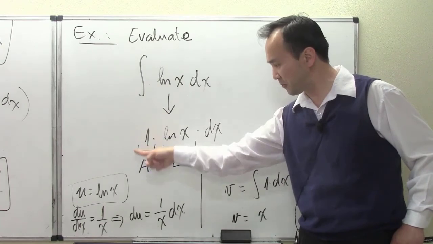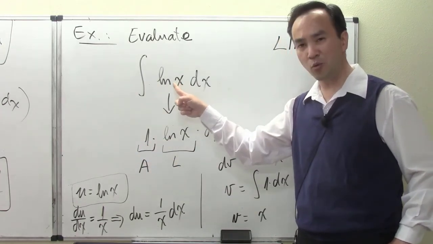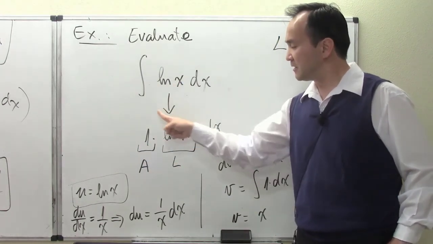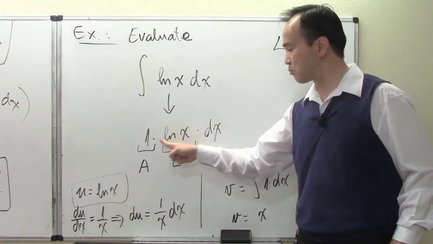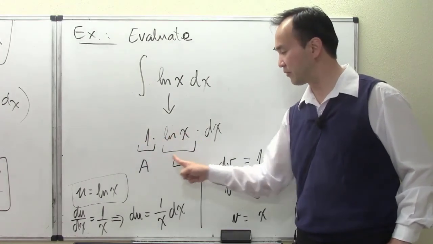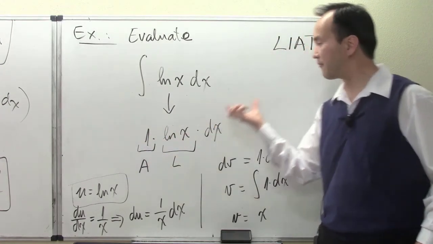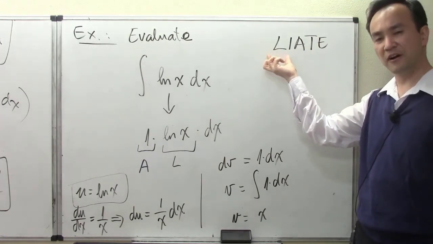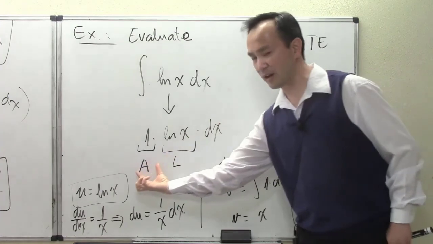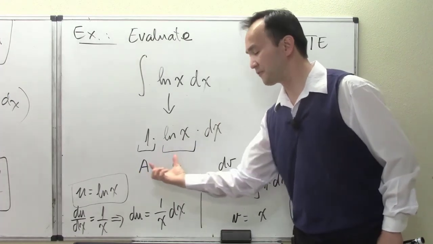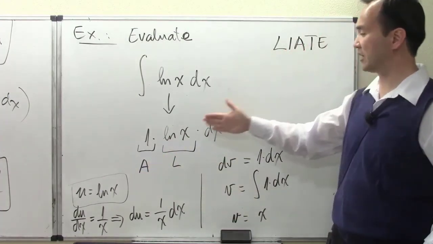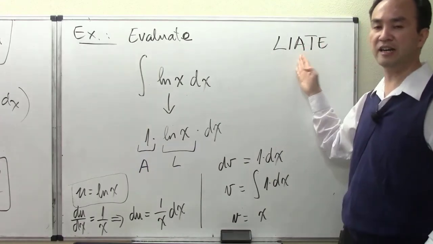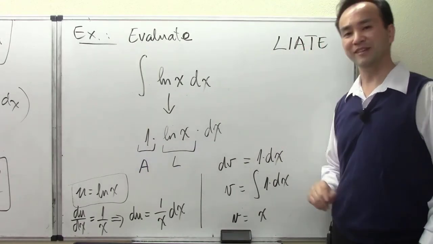So the special part is that from being one function, we purposely re-expressed it as a product of two functions, where we can recognize that one of them came from one of the LIATE function families, and the other one is a different function family. And then we can align ourselves with the LIATE guideline and get the problem done.